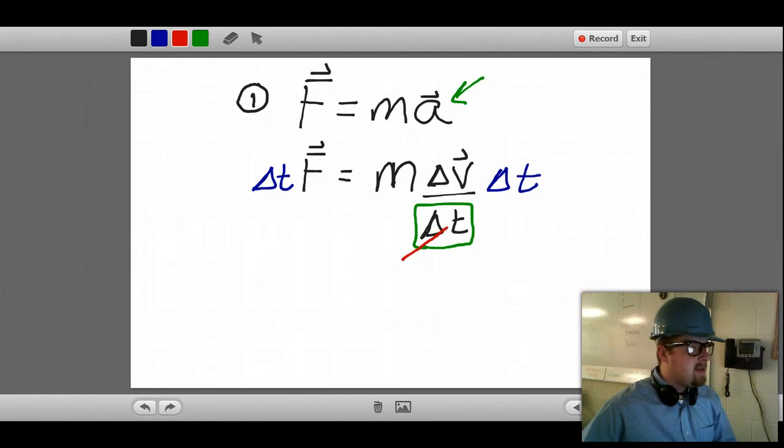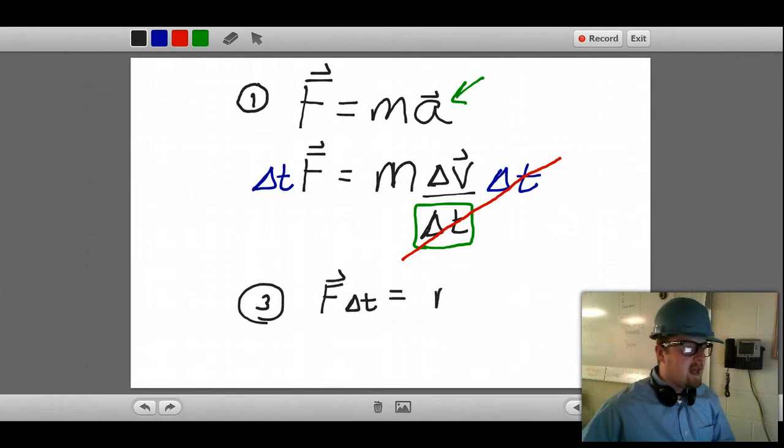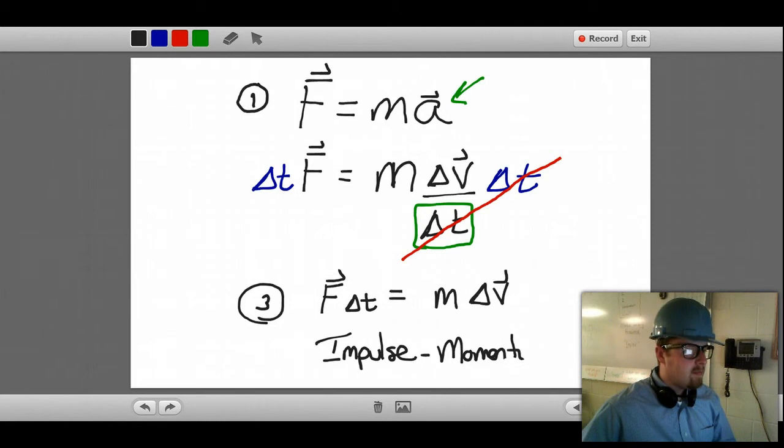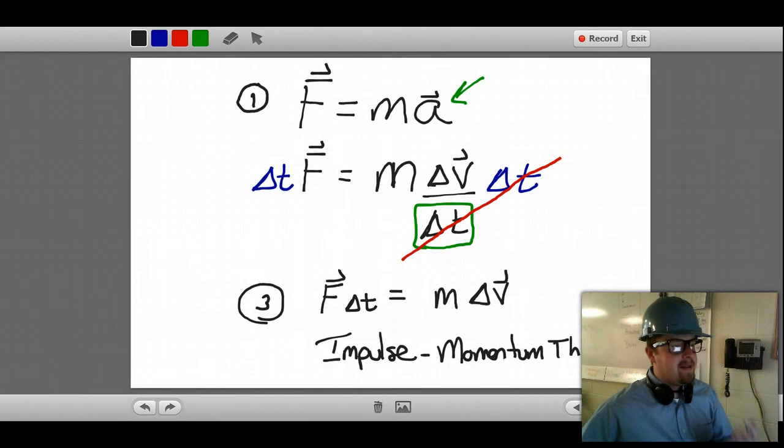When we do, the t's on the right-hand side cancel out, so this ultimately turns into F delta t equals m delta v. And this is the impulse momentum theorem, a representation of both impulse and momentum.